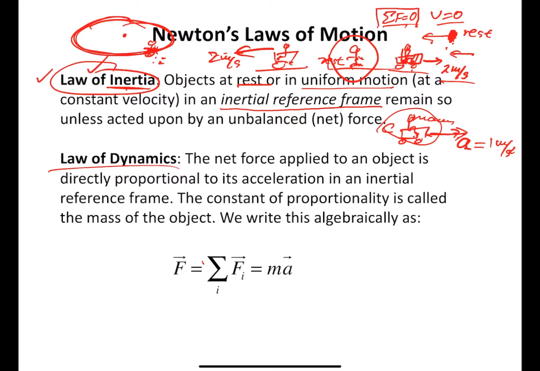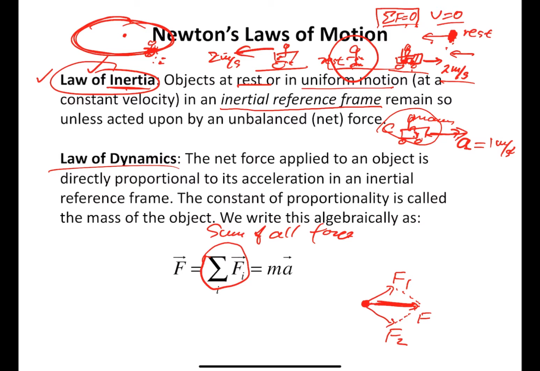The second law says this one actually is the sum of all forces. Now I give you one example. If you have an object here, if you have F1 here, if you have F2 here, what you have to do now is find the sum of F1 and F2 this way. Once you find the sum of F1 and F2, this is your F. So when you apply Newton's second law, you really have to find the sum of all known forces on the object first.